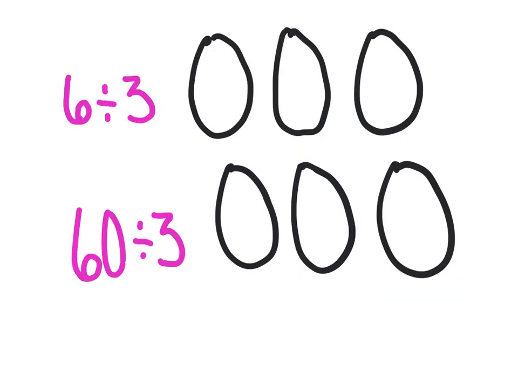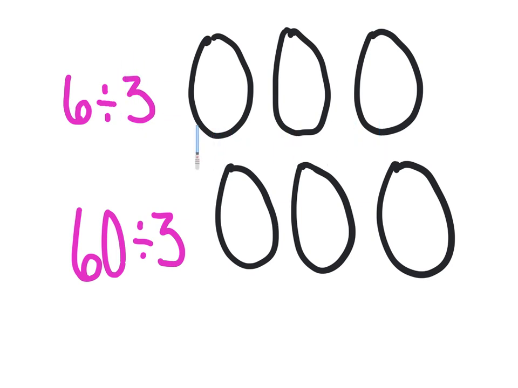Okay, in this next example, we have 6 divided by 3. So as you remember, like I've been saying, this is our total, 6. And how many groups we're making is 3. 1, 2, 3.